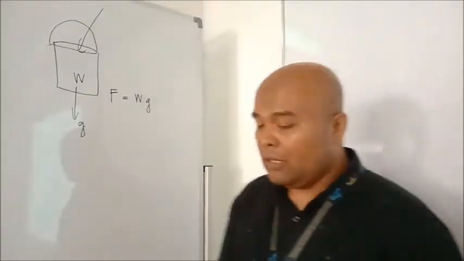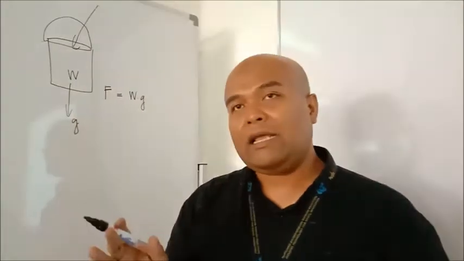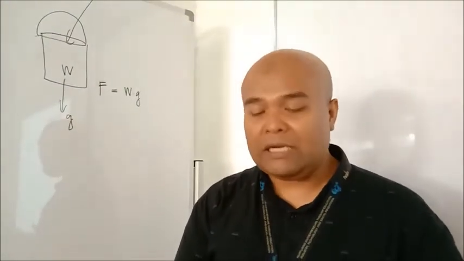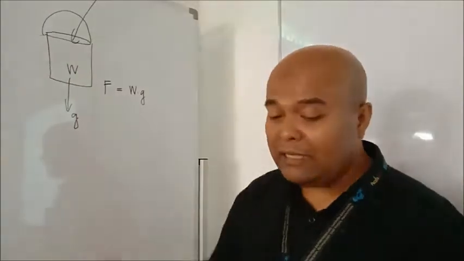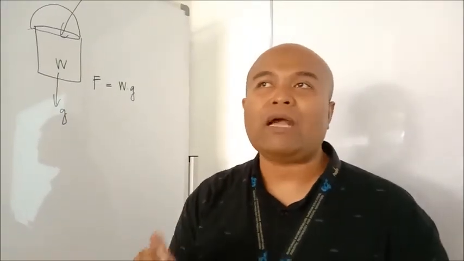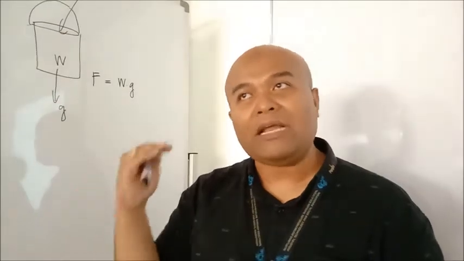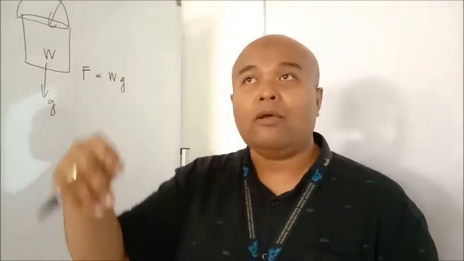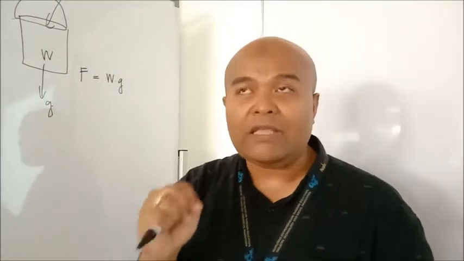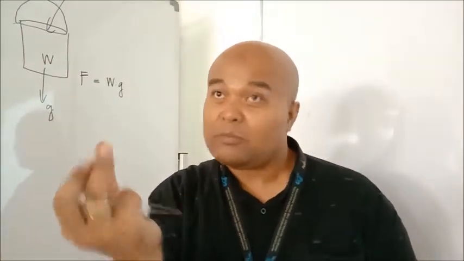Alright, so tekanan bendalih, so the fluid pressure basically adalah disebabkan oleh daya-daya yang bertindak pada bahagian permukaan yang bersentuhan dengan bendalih, because the fluid introduce the weight onto the surface of the object.